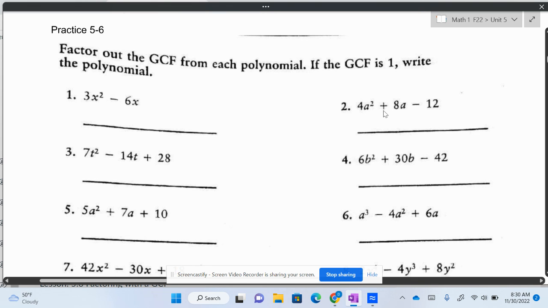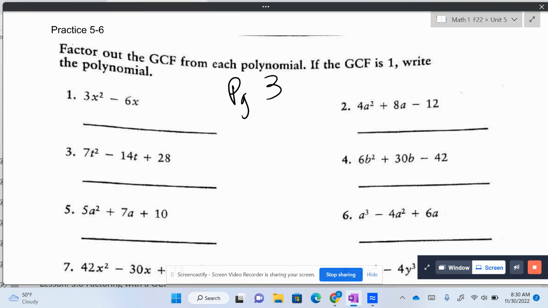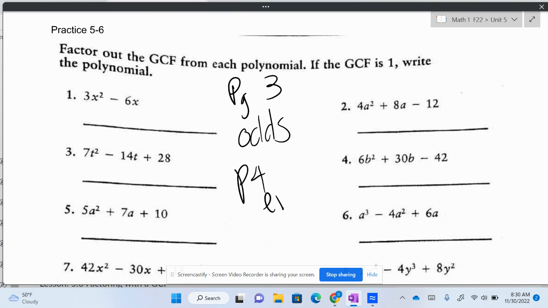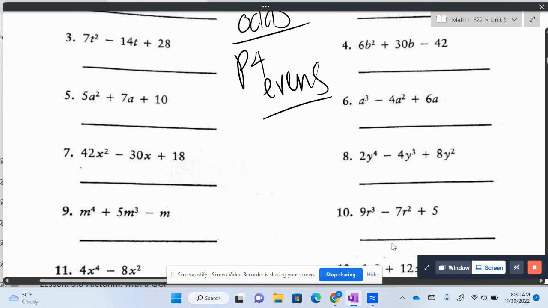I'm going to do all of them just because I think it's good for you to see them, but you're doing page 3 odds, page 4 evens. So that's 20. Are you good with that? 20 instead of 30? That should be fair.